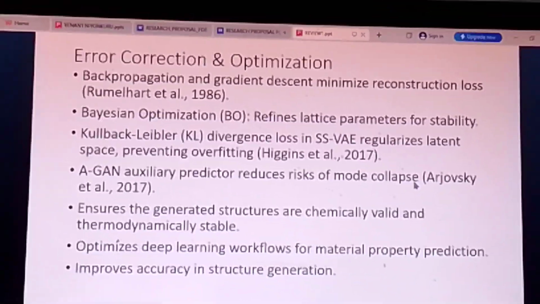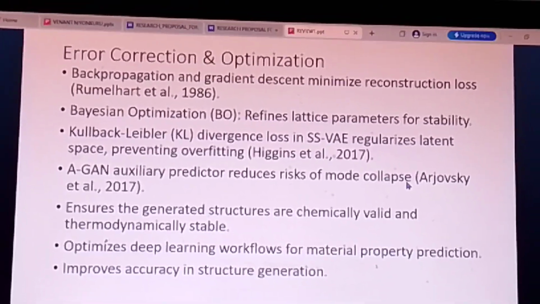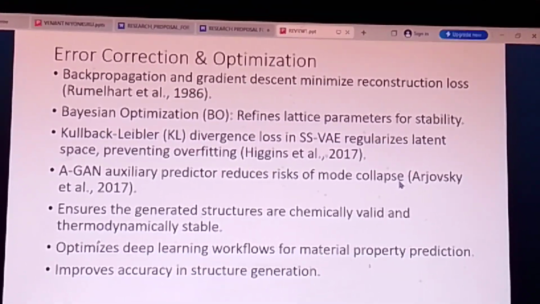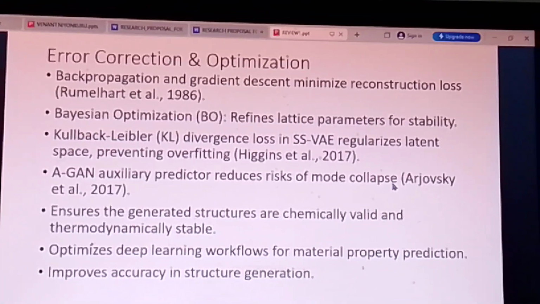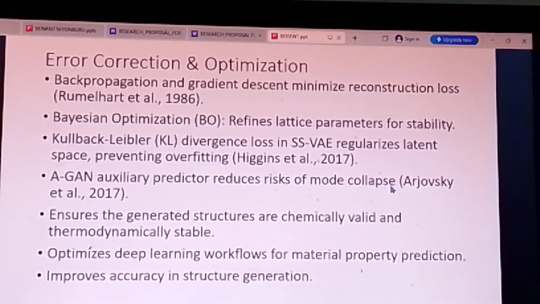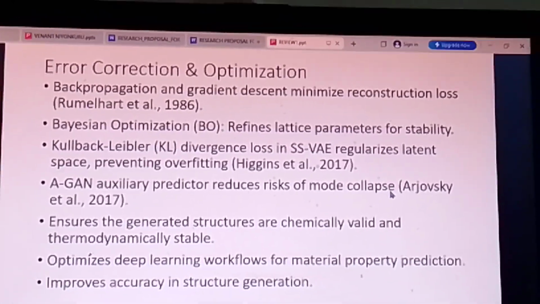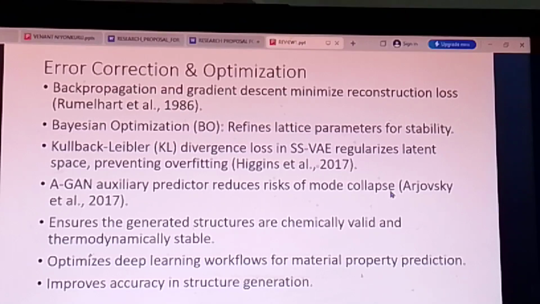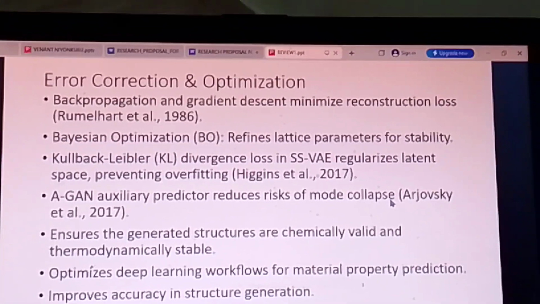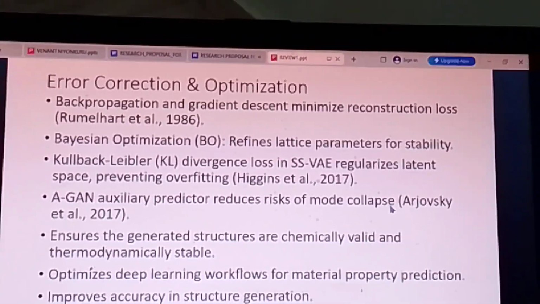Next are the error correction and optimization. Backpropagation and gradient descent minimize the reconstruction loss, and Bayesian optimization refines lattice parameters for stability. Also, there is the Kullback-Leibler divergence loss in SSVAE, which regularizes latent space, preventing overfitting.